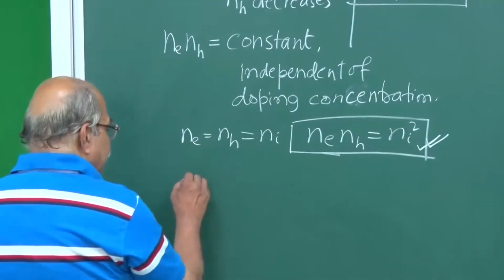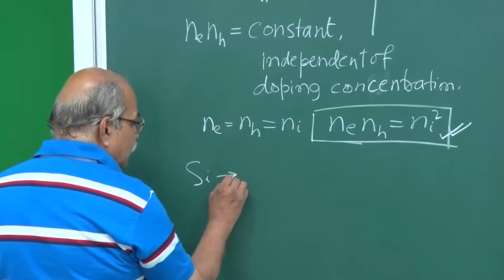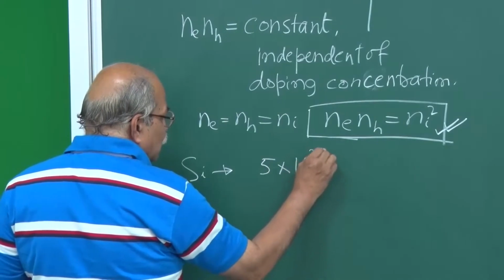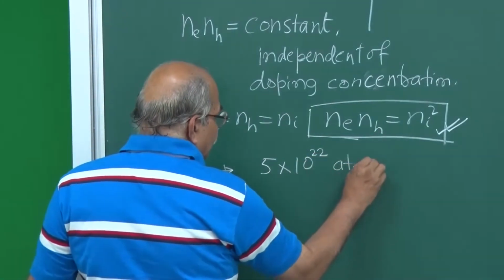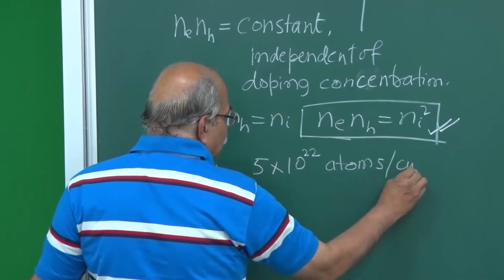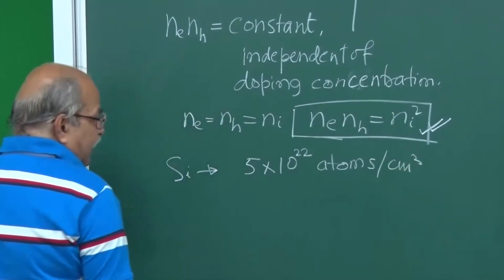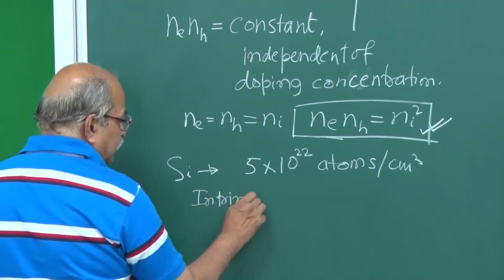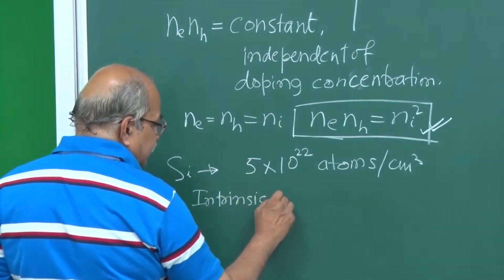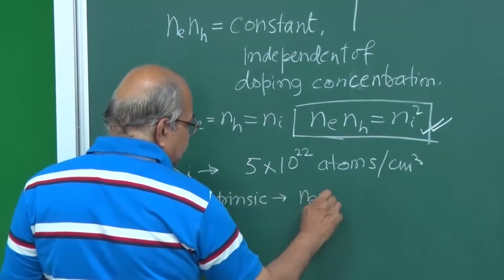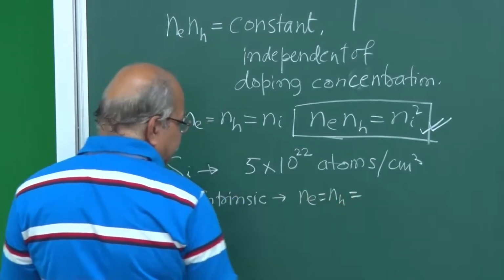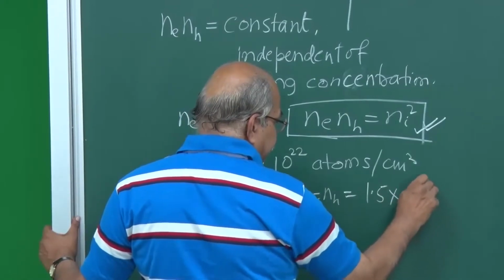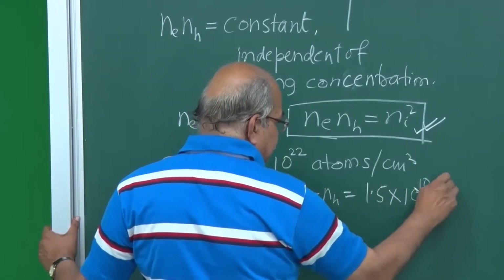So for example, if you have silicon, you know there are some 5 into 10 to the power 22 atoms per centimeter cube, and for intrinsic silicon, the number of electrons equal to number of holes is how much? 1.5 into 10 to the power 10 per centimeter cube.